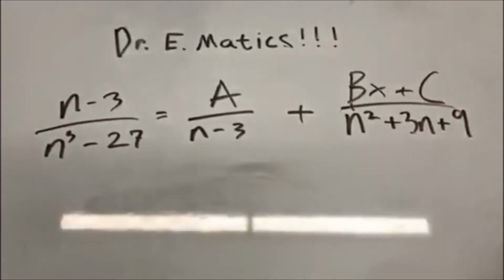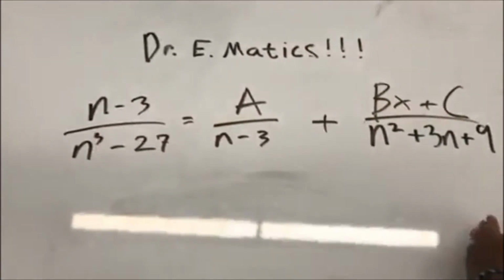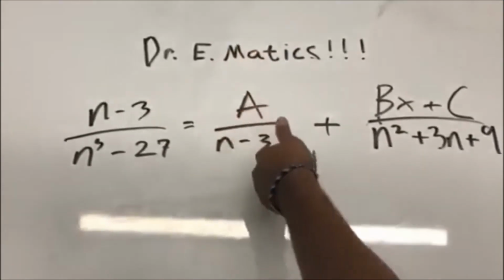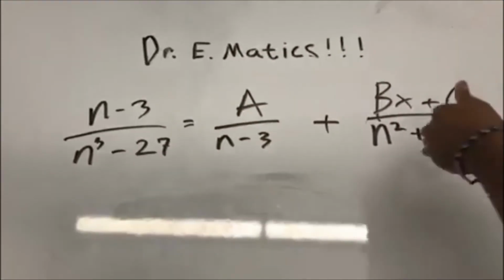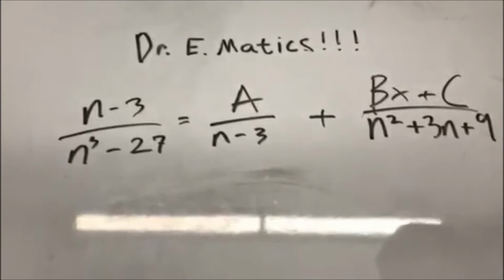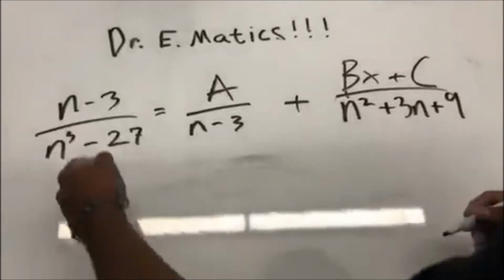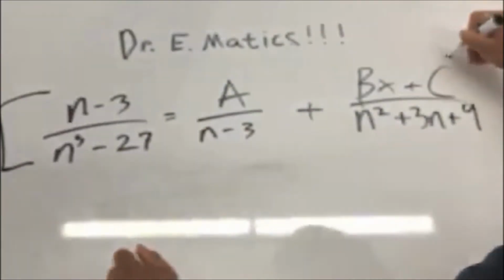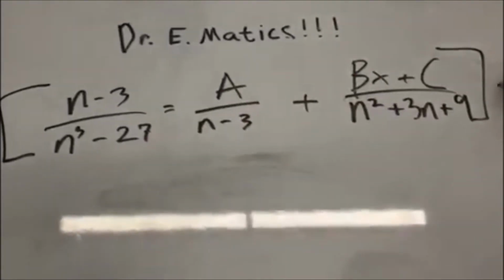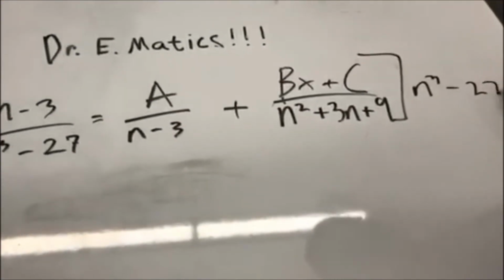We should take this expression as A over (n minus 3) plus (Bn plus C) over (n squared plus 3n plus 9), and we should then multiply this by the expression as needed. The expression we need is n cubed minus 27.